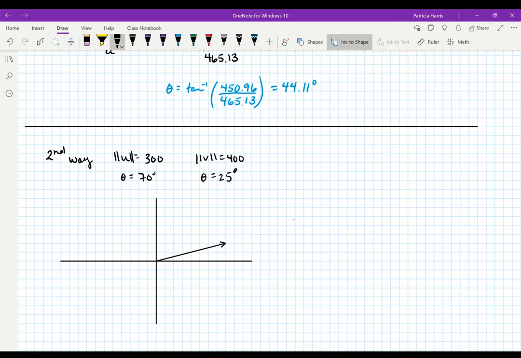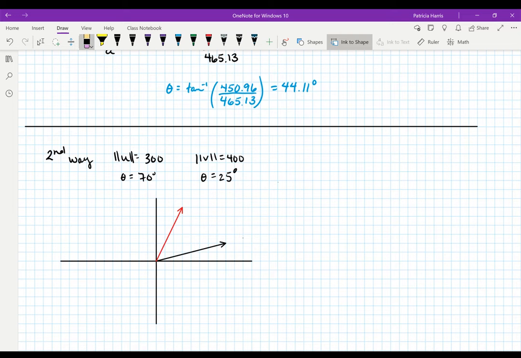Then I'm going to draw in my vector U, which has a length of 300 and a theta of 70 degrees. Now remember, your theta is measured from standard position, the positive x-axis.